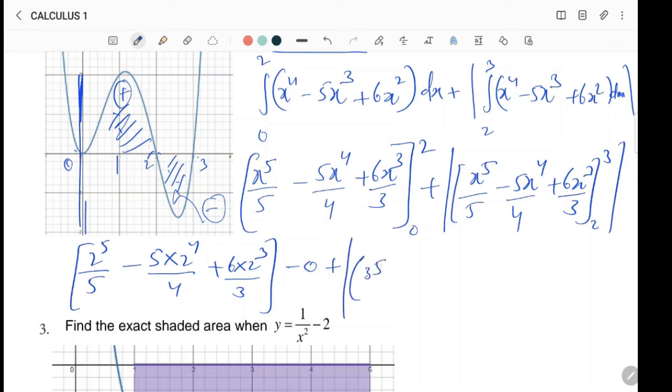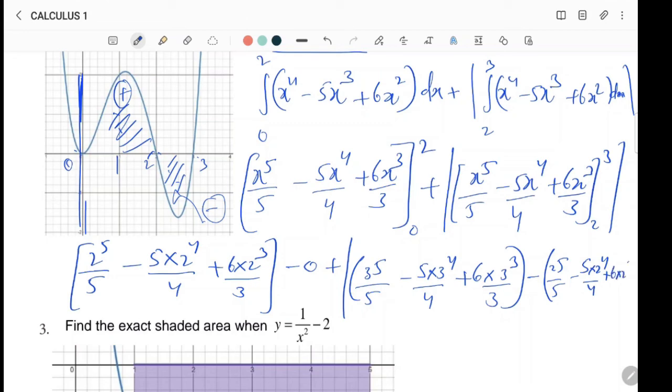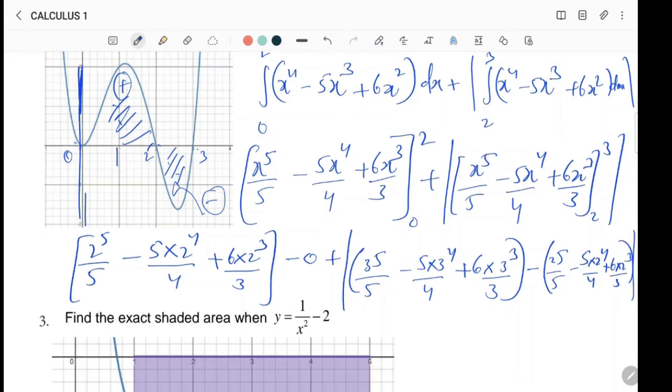Put 3 first: 3 to the power 5 over 5 minus 5 times 3 to the power 4 over 4 plus 6 times 3 to the power 3 over 3, upper limit, right? Minus lower limit, which is 2 to the power 5 over 5 and so on. Now mod.